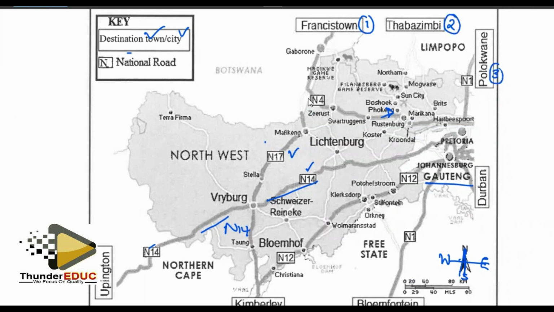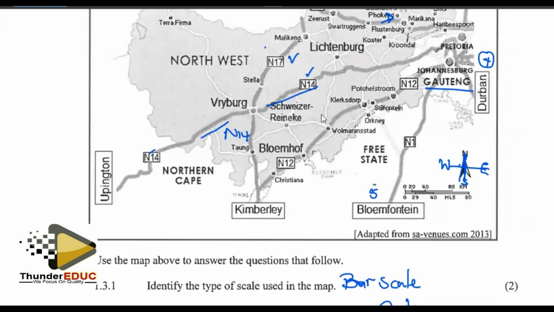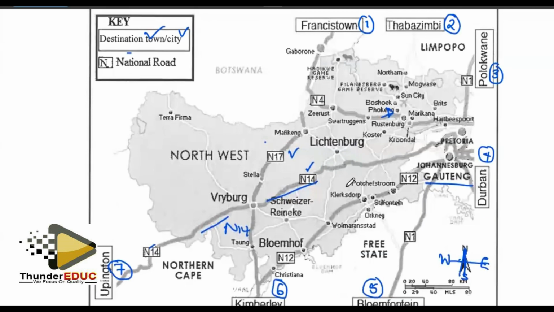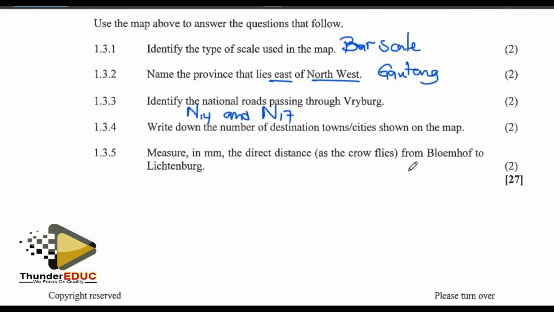We have 3. Come down here, count that 4. We have 5, 6. We have 7. Someone might think of Pretoria. Yes, it's there, we see it, but it's not in that box. Another thing, someone might think of the N4s and the N. No, these are roads. They are not destination towns. So we have 7 destination towns / cities.